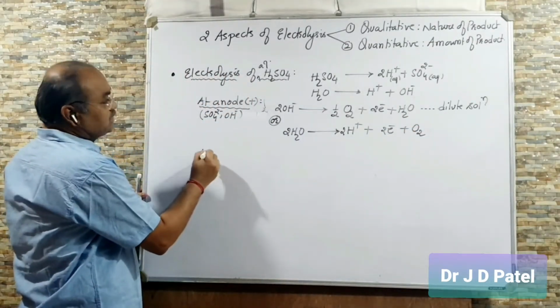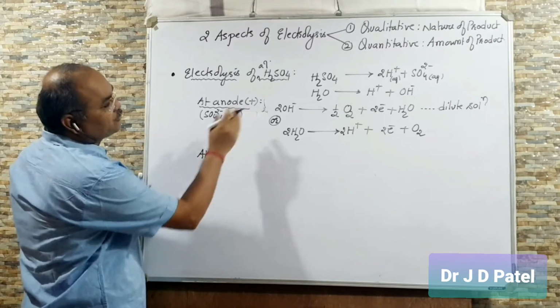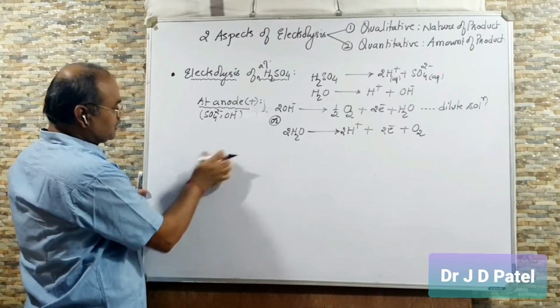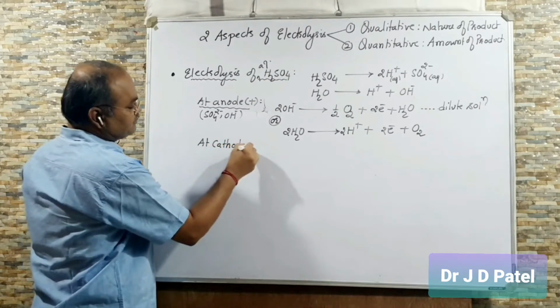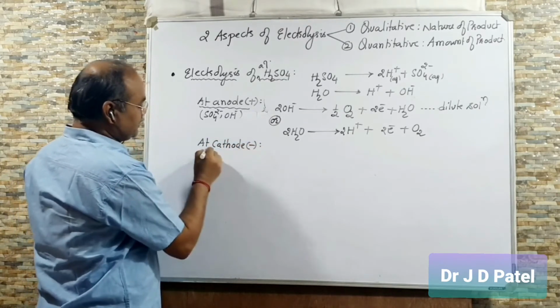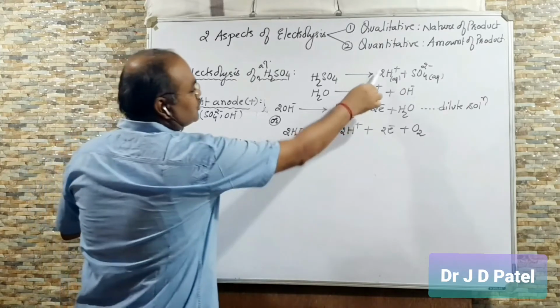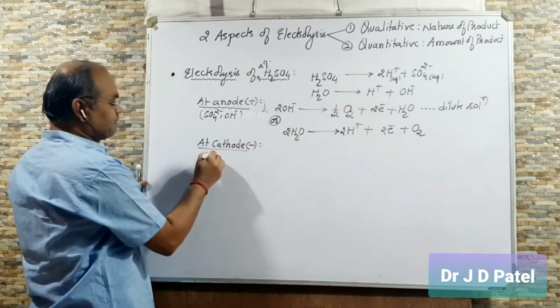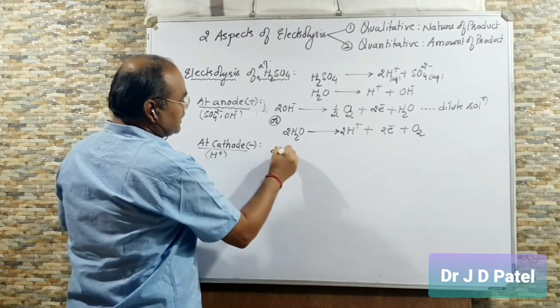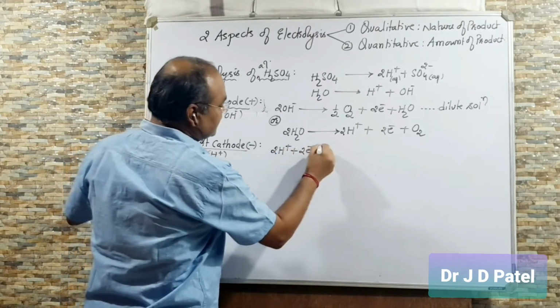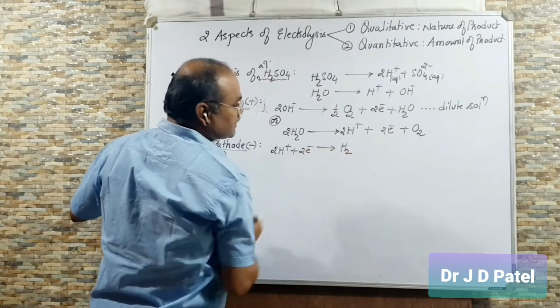And if you want to write the product at cathode, you can also write it. Cathode is negative. So in both the cases it is H plus. So no question. You can write 2H plus takes 2 electrons and gets deposited as H2 gas.